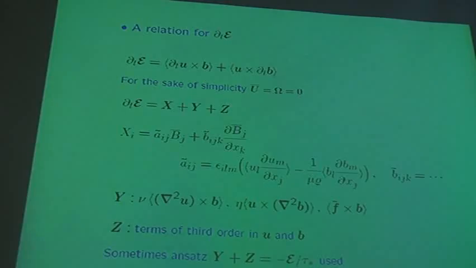Sometimes, often, people make this ansatz. It is clear, you have clear expressions for this. It is not so clear what this means and what this means. And there are people who say, I put the sum of y and z equal to minus e over a characteristic time.